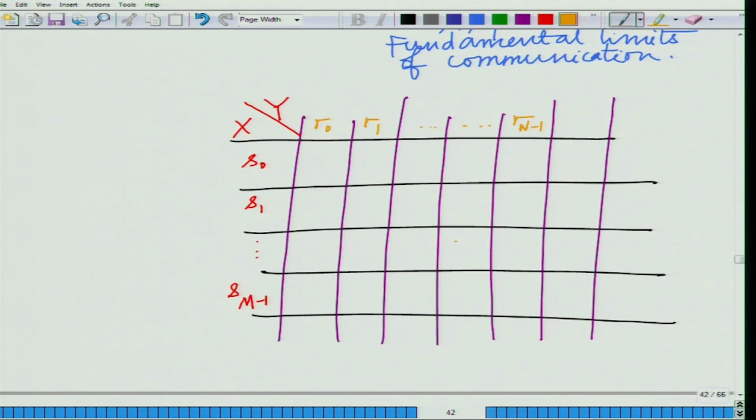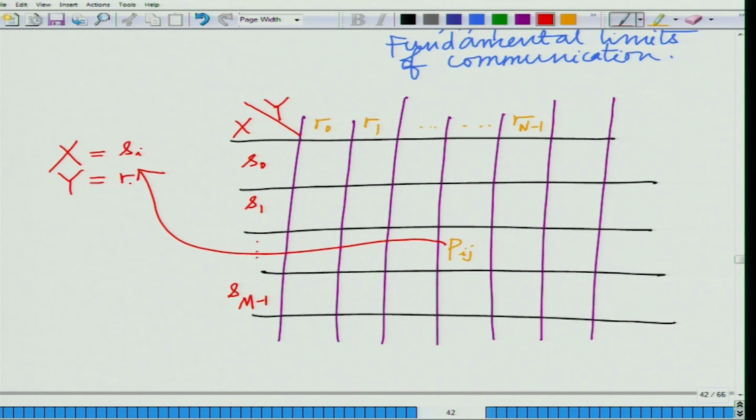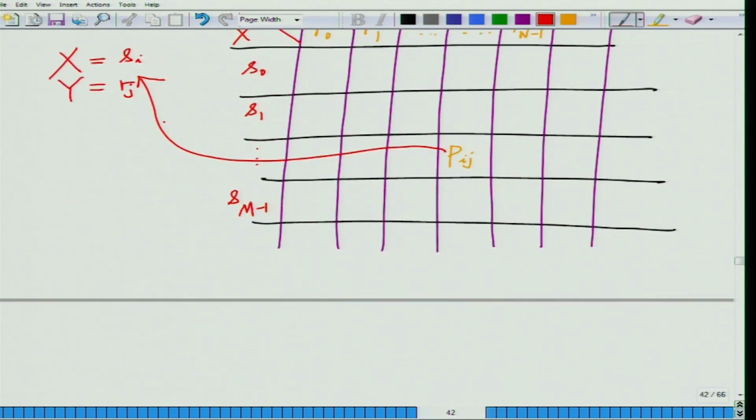If we look at the ijth entry and call that Pij, this corresponds to x equal to Si and the output symbol y equals Rj.